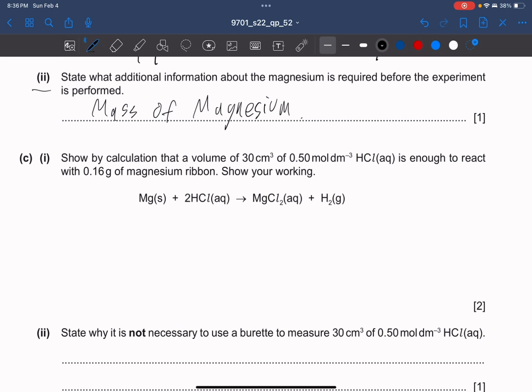Show by calculation that a volume of 30 cm³ of 0.5 mol/dm³ HCl is enough to react with 0.16 grams of magnesium ribbon. So here we can show that HCl is in excess or exactly enough.